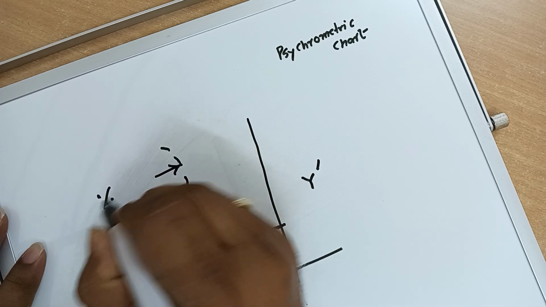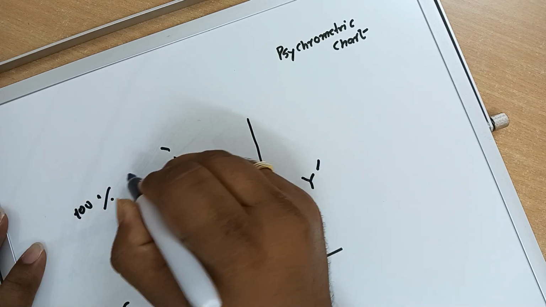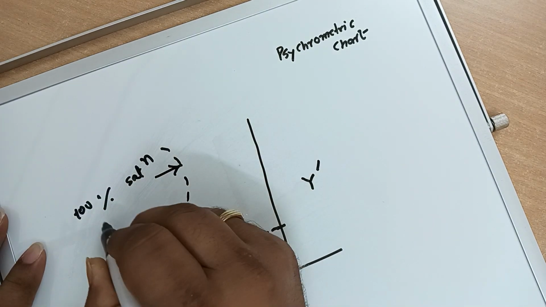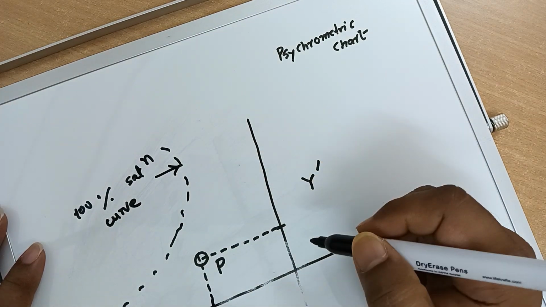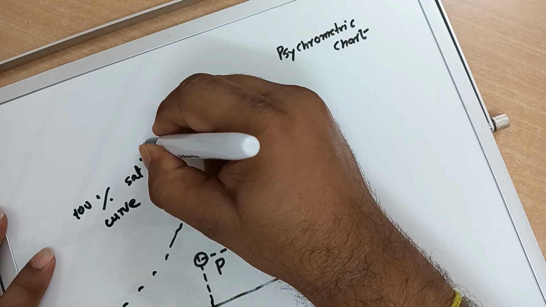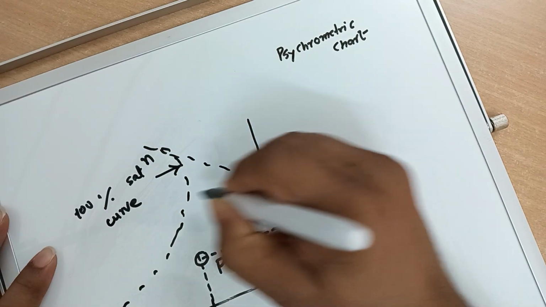So this is the 100% saturation curve. And then within this chart you have adiabatic saturation lines.